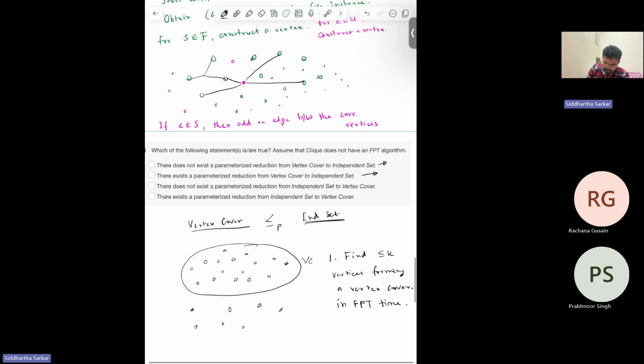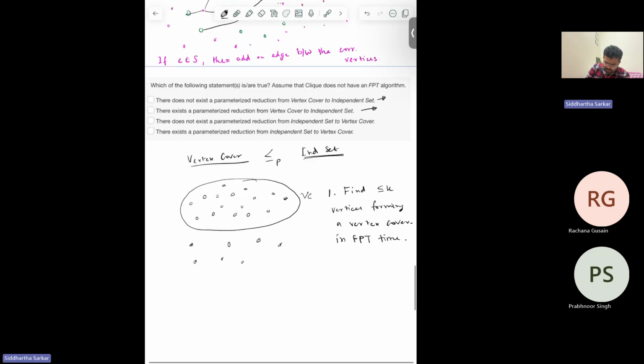That is the first step. And that means the remaining at least n minus k vertices form an independent set.